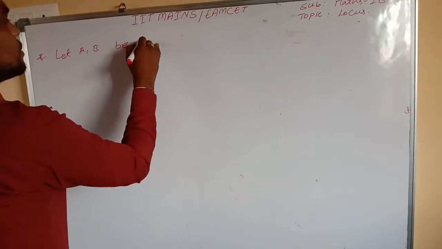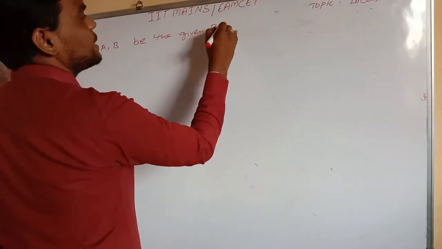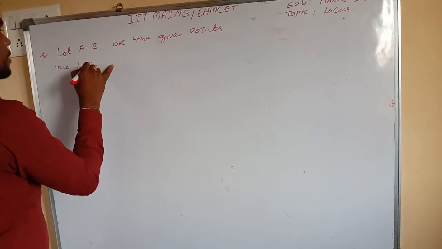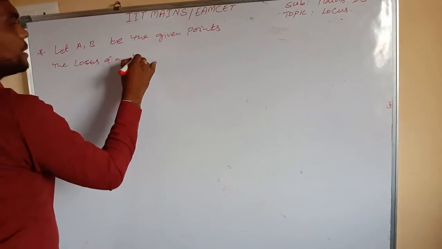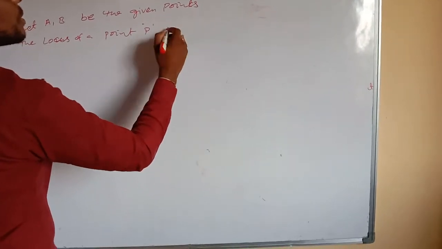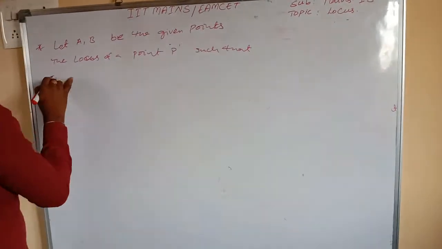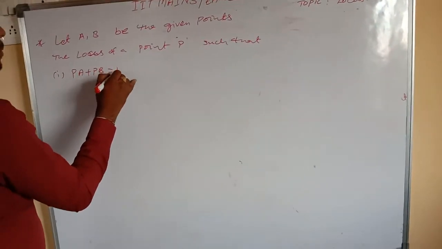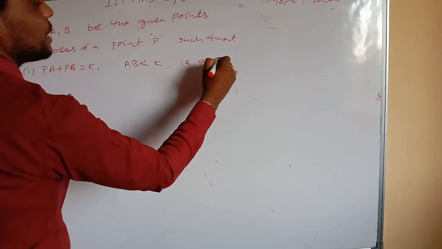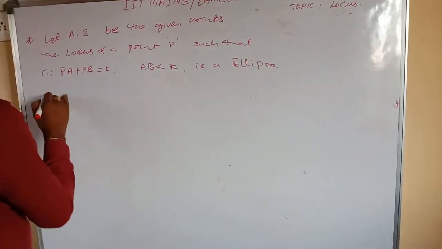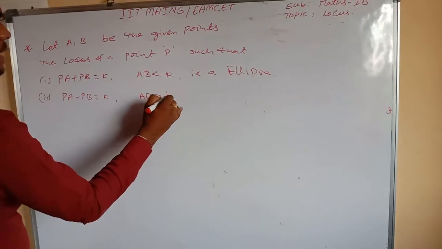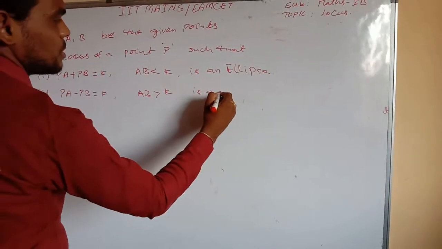Let A, B be the two given points. The locus of a point P such that, first one, PA plus PB is equal to K, where AB is less than K, is an ellipse, and second one, PA minus PB is equal to K and AB is greater than K, is a hyperbola.